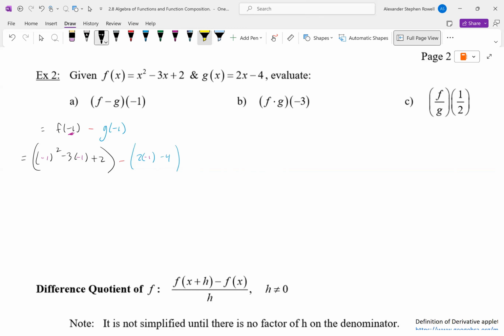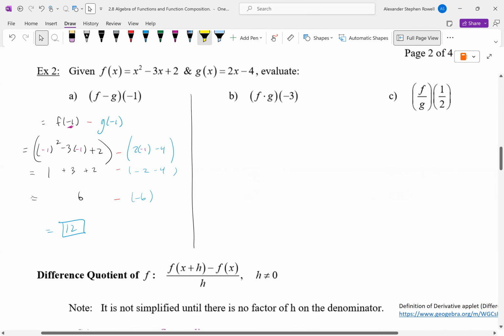So following order of operations, -1 in parentheses squared is 1, -1 times -3 is 3, plus 2, we get 6, right? And we have a minus 2 times -1, -2 minus 4. 6 minus -6 is, any questions so far? Significantly easier to just plug in and chug as opposed to finding the domain. Takes a lot of extra thought there.